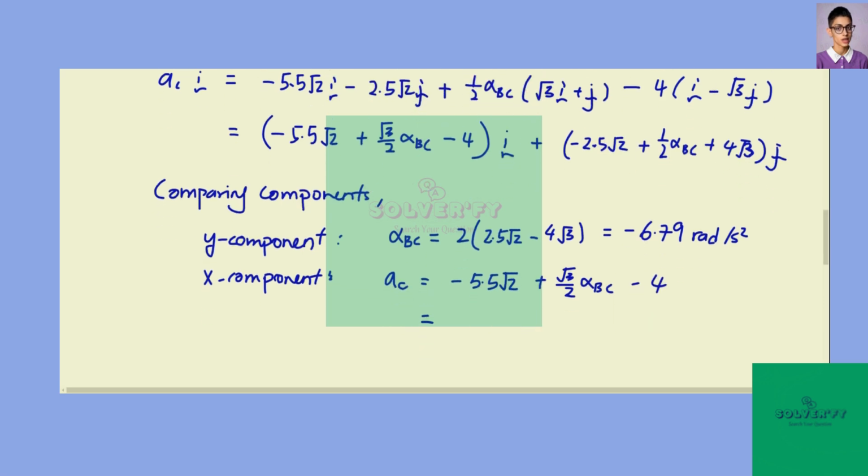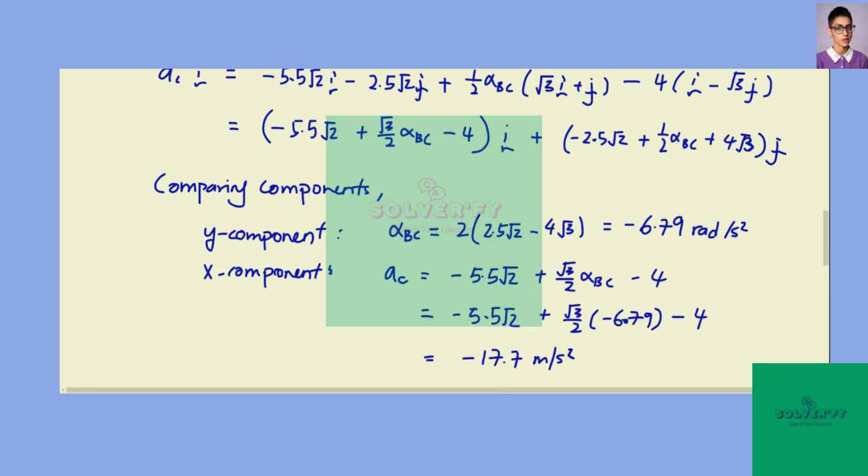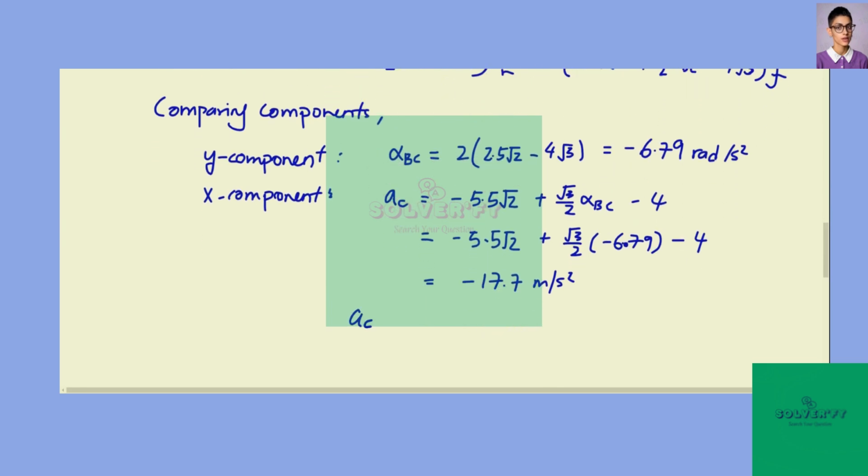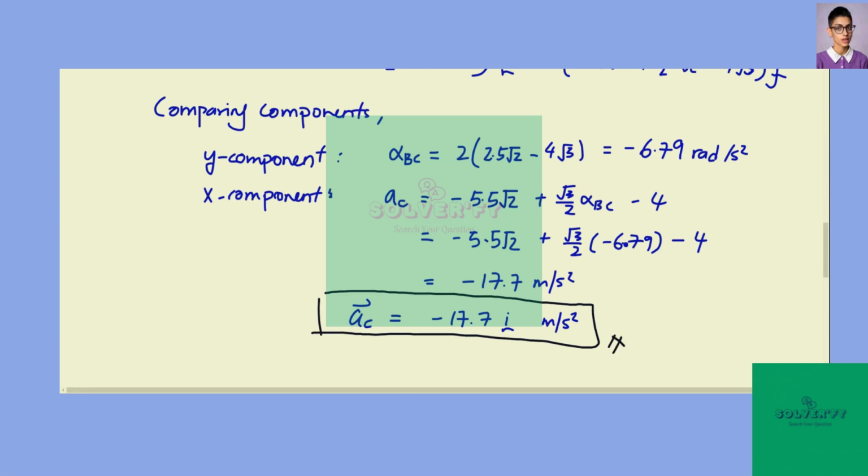Putting in the numbers from the previous part, root 3 over 2 times minus 6.79, minus 4, you get minus 17.7 meters per second squared. So AC is minus 17.7 I meters per second squared. This is the answer for this question.